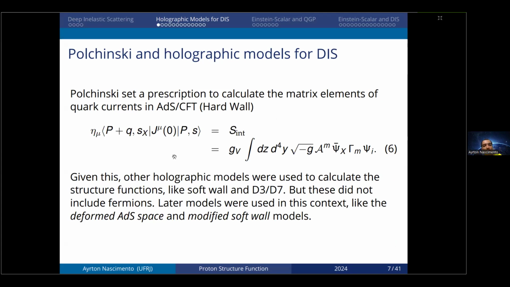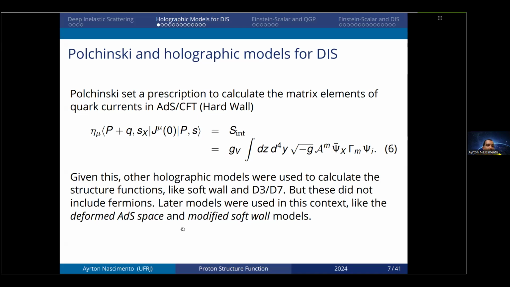But these first models didn't have this for fermions, just the one Polchinski did for the hard wall model. But some later models did include fermions for deep inelastic scattering. And some of these models, people in my group in Brazil did this for deep inelastic scattering.